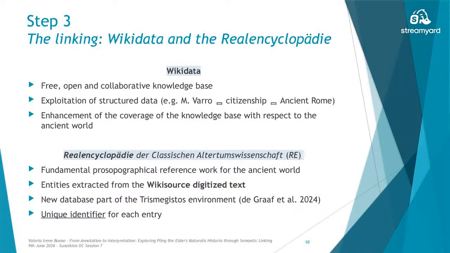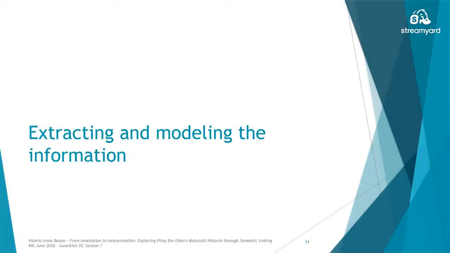The entities had been previously extracted as part of another project and inserted in another database, part of the Trismegistus environment. And here again, we have a unique identifier for each entry, and so we are able to link the entry of the Real Encyclopédie to the mention in the text.